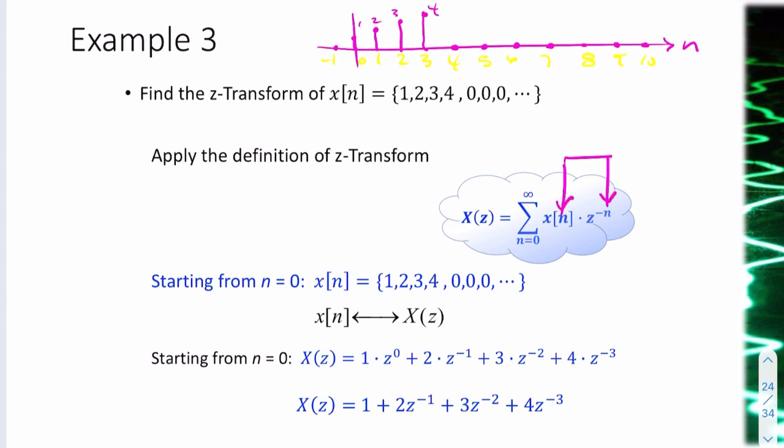So you have 1 times z to the power 0, that's this one. And then 2 times z to the minus 1, that's this one. 3 times z to the minus 2, that's this one. And 4 times z to the minus 3, that's this one. So that would be your zTransform.